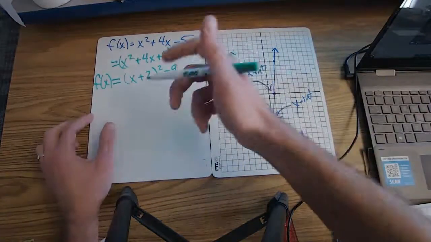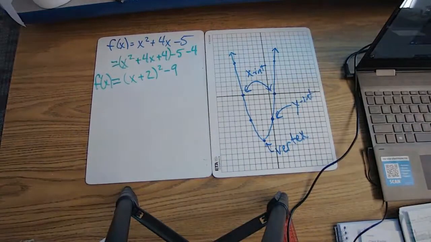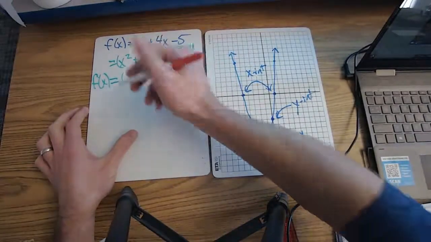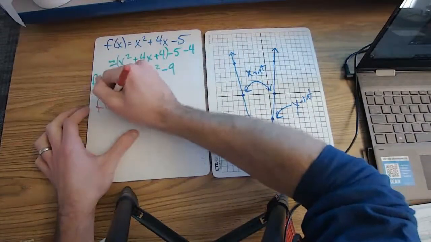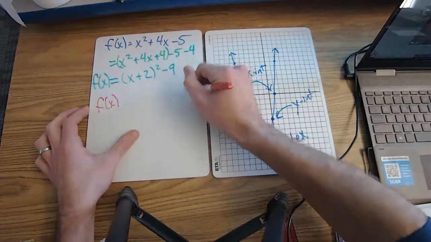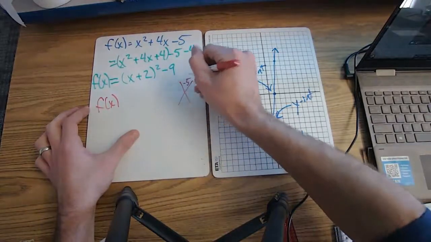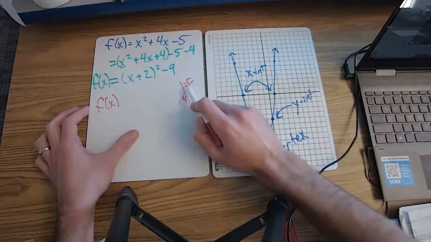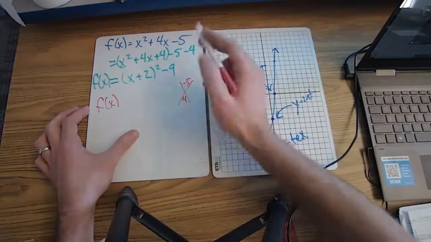Now, finally, let's do the factored form. And for factored form, I'm actually going to go back up to this one. Okay. So the way I do factored form is I use this little x method that you guys are going to see later. I have to figure out what two numbers multiply to this and add to this.